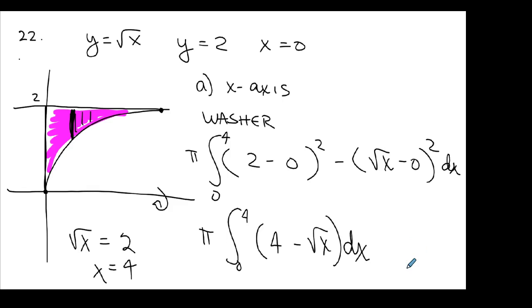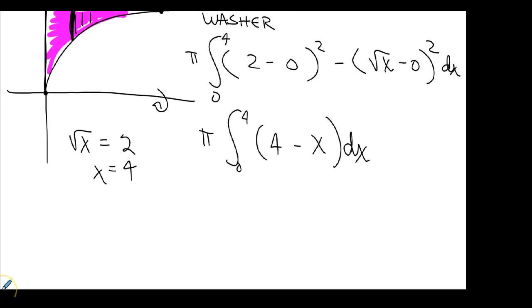Why is it square root of x? This shouldn't be square root of x. When you square square root of x, that should just be x. Okay. So now are we good?